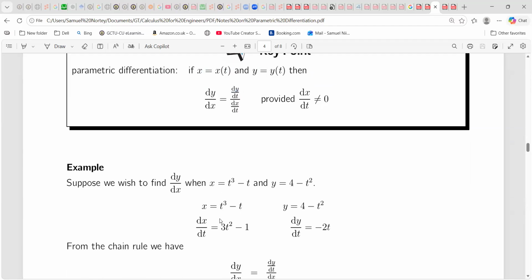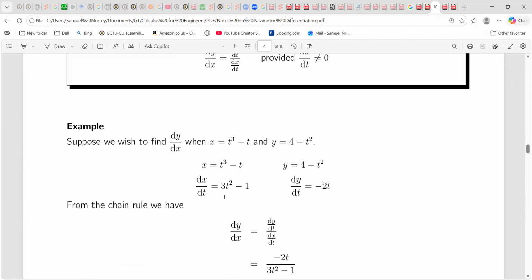Okay, so here is a second example. If x is equal to t to the power 3 minus 1, and y is equal to 4 minus t squared, then what is dx/dt? dx/dt is going to be 3t squared minus 1. I hope you can know that. And then dy/dt is going to give us negative 2t.